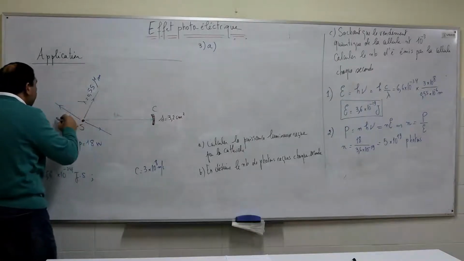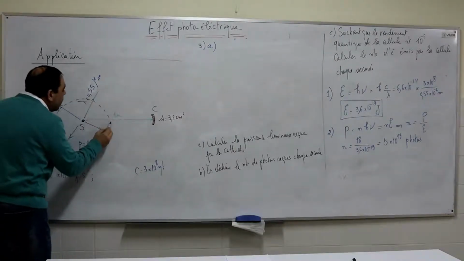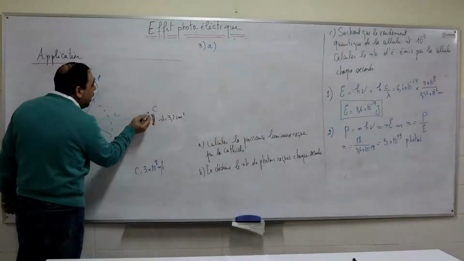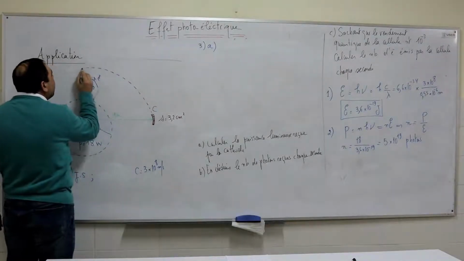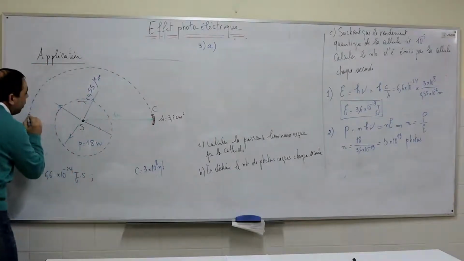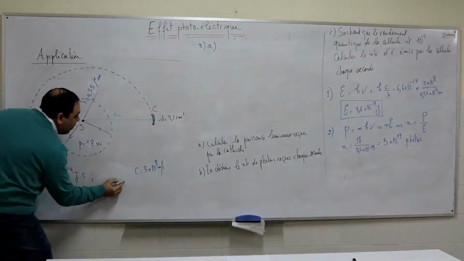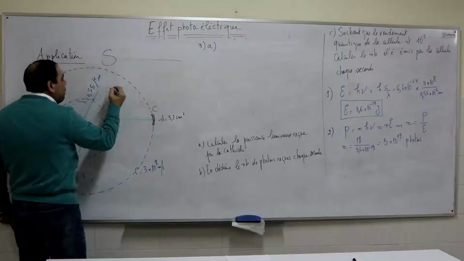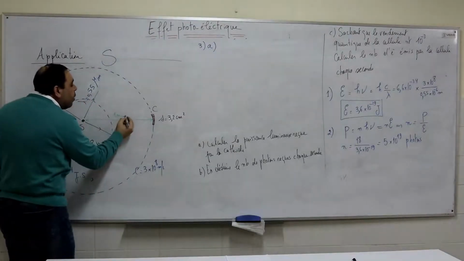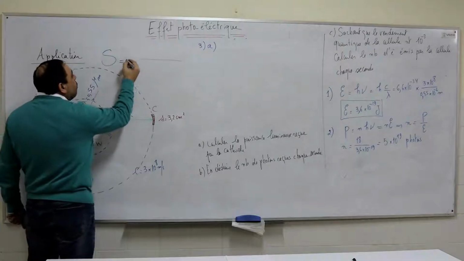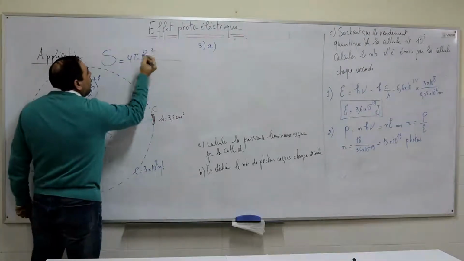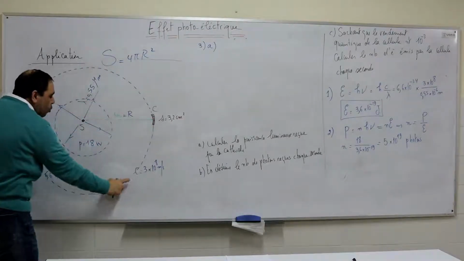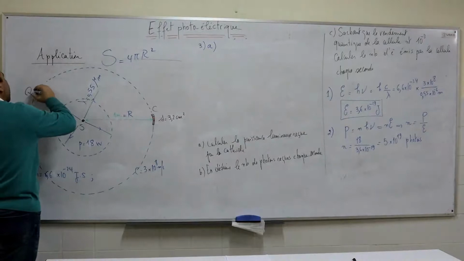That is to say, the power spreads over concentric spheres of center S. So when the light reaches the cathode, the luminous power will be distributed over all of this big sphere. Let S be the surface area of this big sphere. The radius of this big sphere is 1 meter. Hence, its surface area is 4 pi r squared. The power that distributes over this surface area is 18 watts.